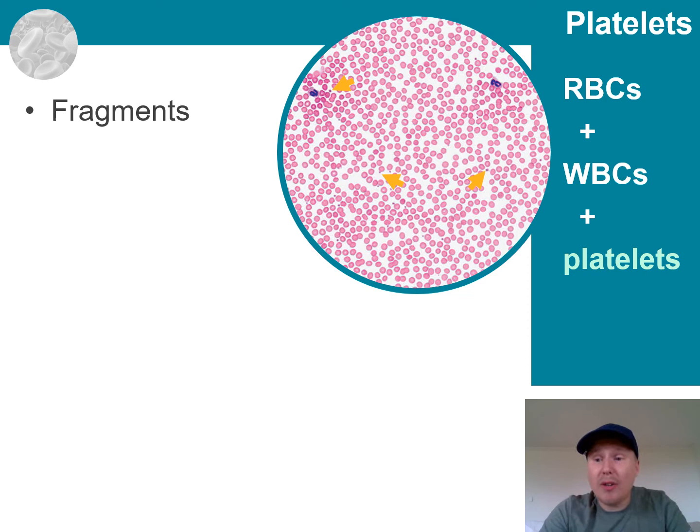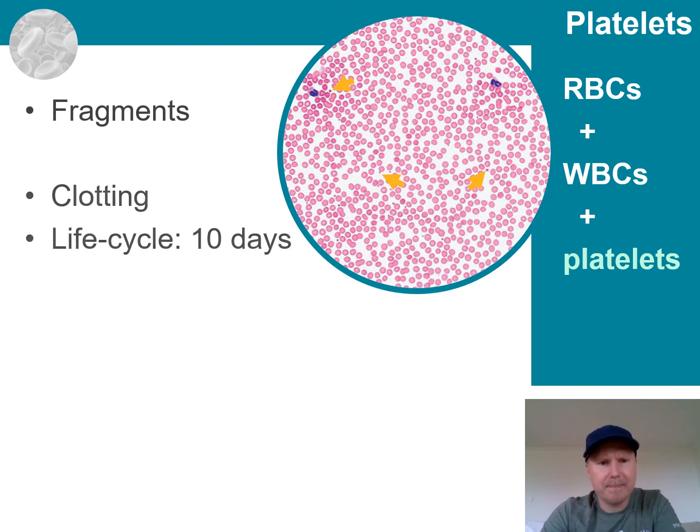We will finish off this video by looking at platelets. Platelets are small cytoplasmic fragments of megakaryocytes. They have a blue staining outer region with purple granules. The main function of platelets is to act in the clotting process.